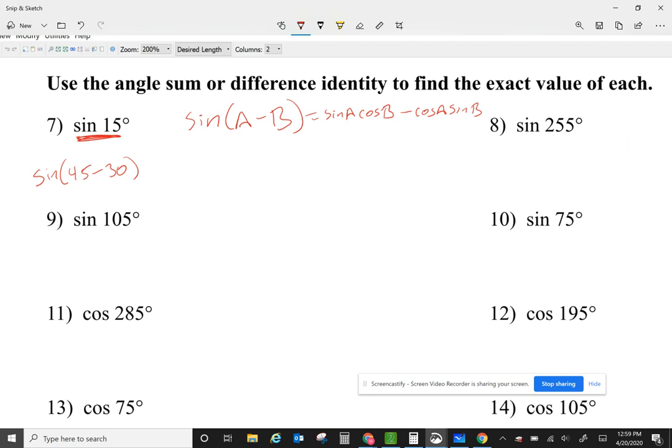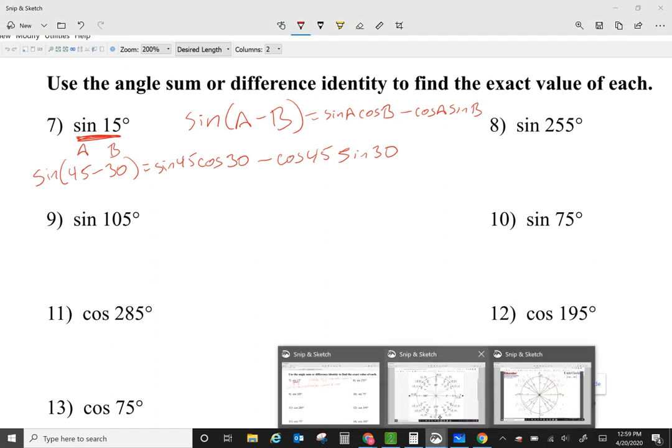I'm just going to do this as sine of 45 times cosine of 30 minus cosine of 45 times sine of 30. 45 is my A and 30 is my B.